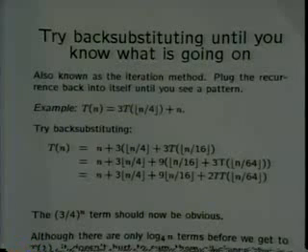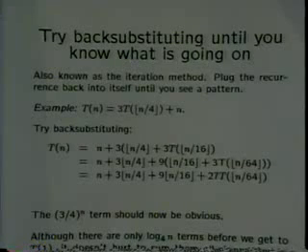One is you look at small values of n, solve it explicitly, build up a table: n equals 1, n equals 2, n equals 3, n equals 4. The other thing that you could do is try to solve it for big values of n by plugging the equation back into itself, doing this repeatedly until you notice some kind of a pattern.